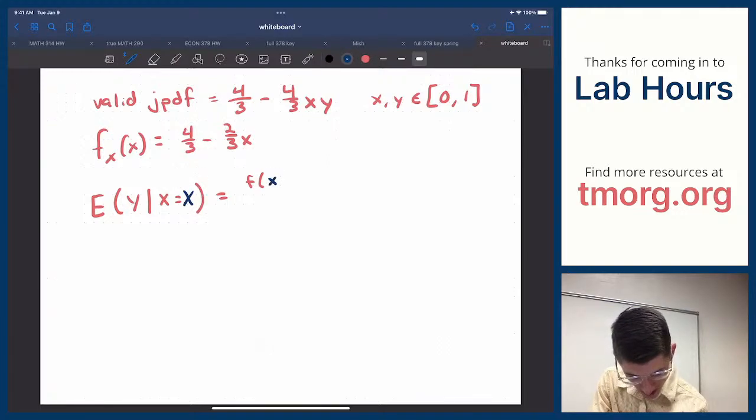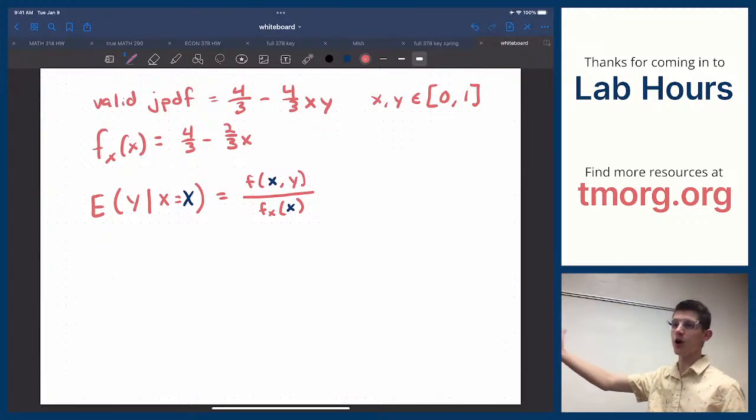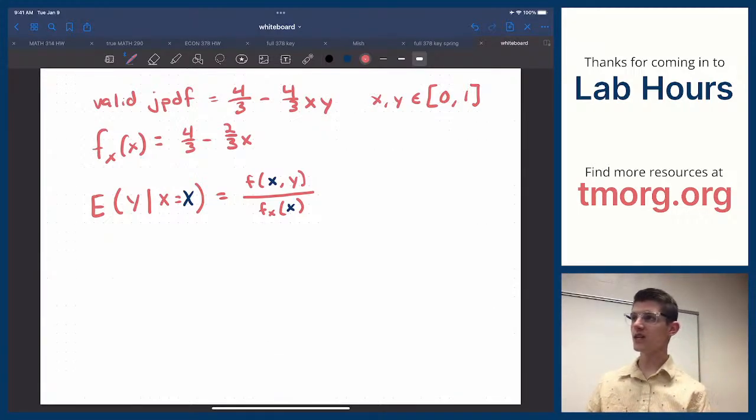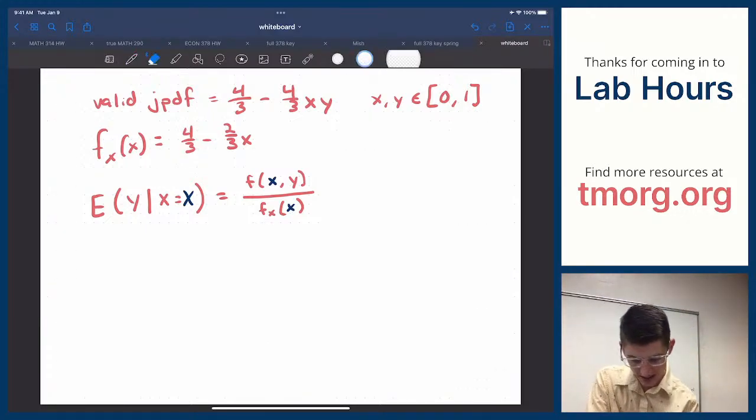This is the probability of seeing that specific x with any y over the marginal probability of seeing that x. Which is to say, if I live in the universe where I have always set x to the blue value, what does y look like? And you'll recognize that this is not the formula for E, this is the formula for P.